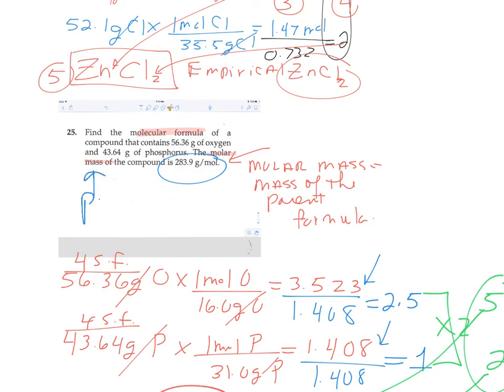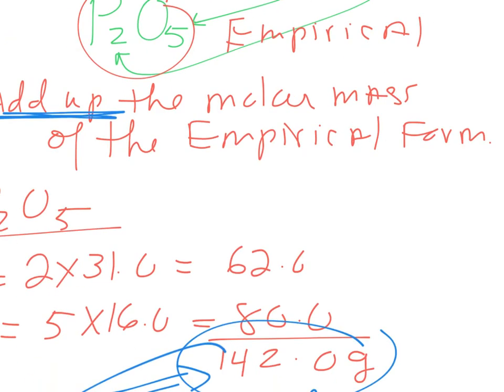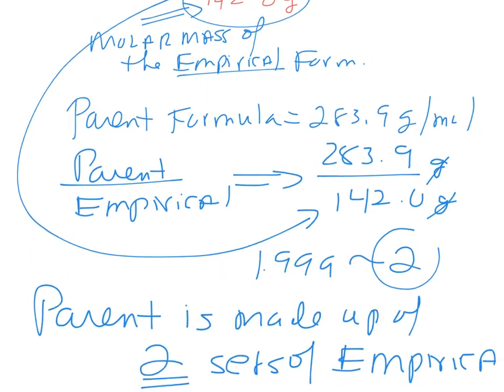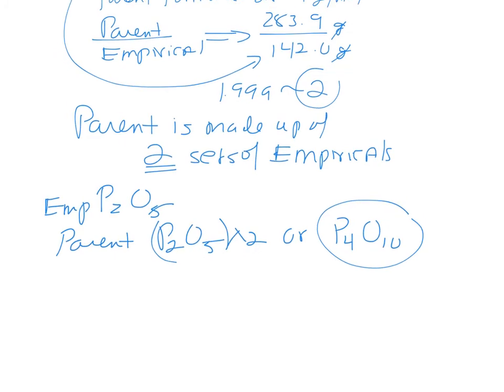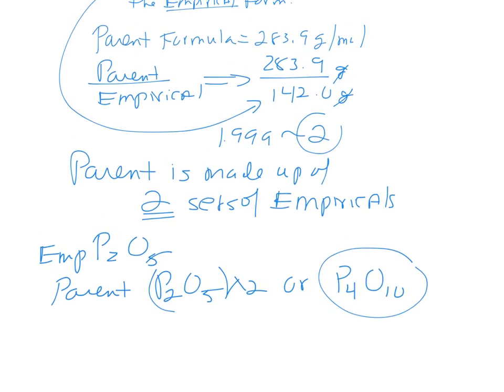That means that that is the parent. So you divide the parent by the empirical to find out how many times the empirical fits into the parent. In this case, it was 2. And since the answer was 2, we multiply our empirical by 2. And we get a final formula of P4O10.